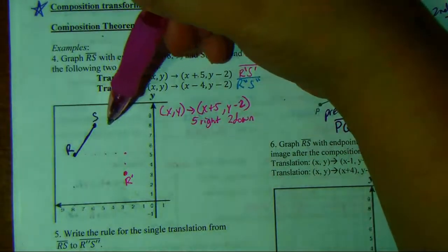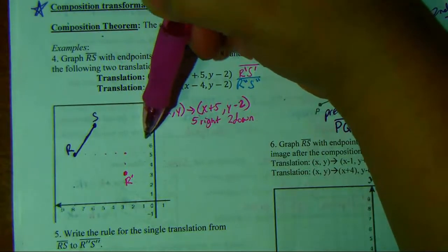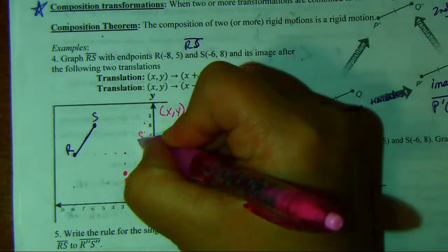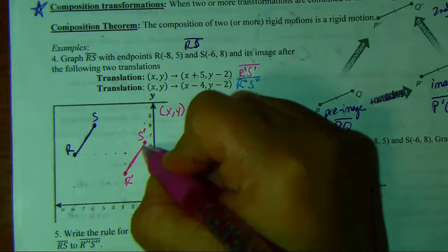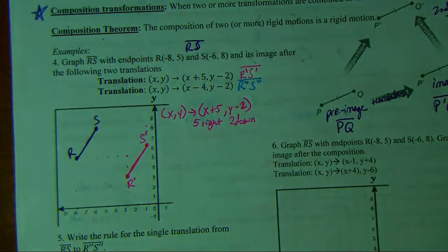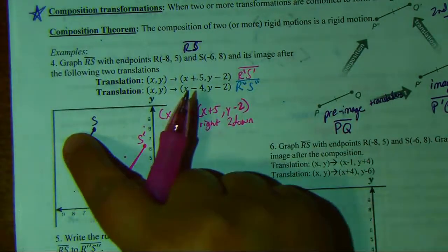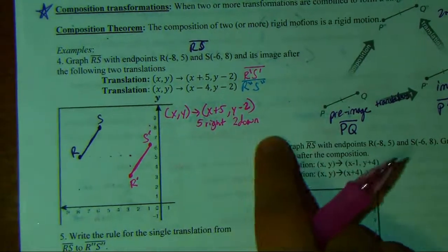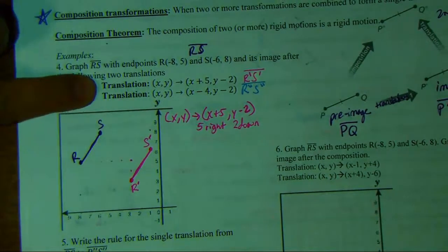So I have 1, 2, 3, 4, 5 to the right and 2 down. Here is S prime. So here's my R prime, S prime segment. I've slid my segment 5 to the right and 2 down. Okay. Next, we have our translation number 2.